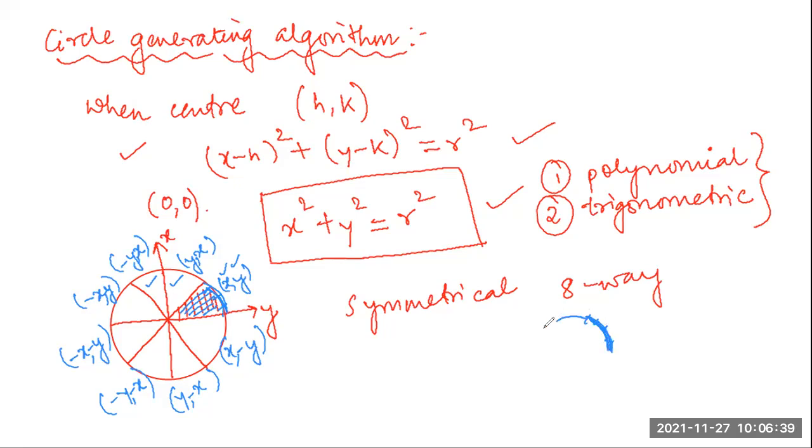Likewise, following the mirror concept, I will join the symmetrical points, and as a result I will get my entire circle. So we have to take the 1/8 part pixel positions of my circle, and the remaining is drawn using the 8-way symmetry concept of the circle. At least this portion, is it clear to you?